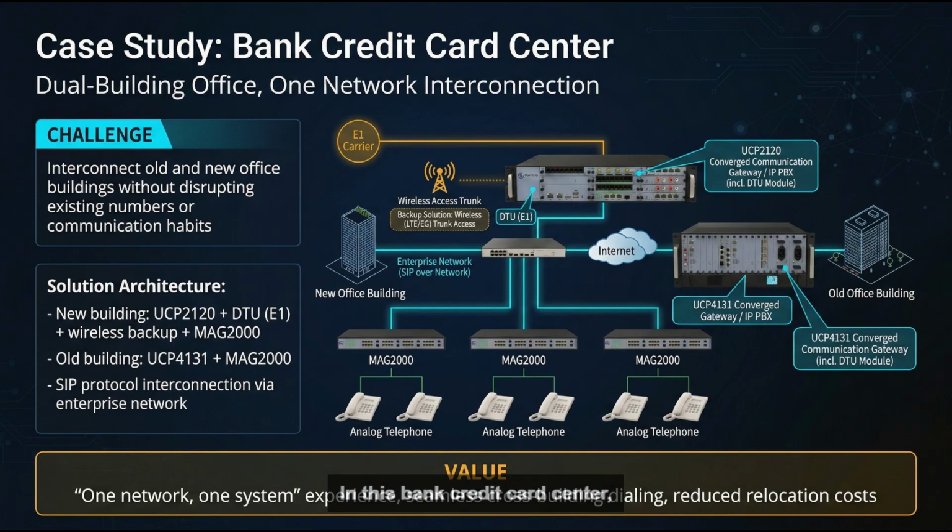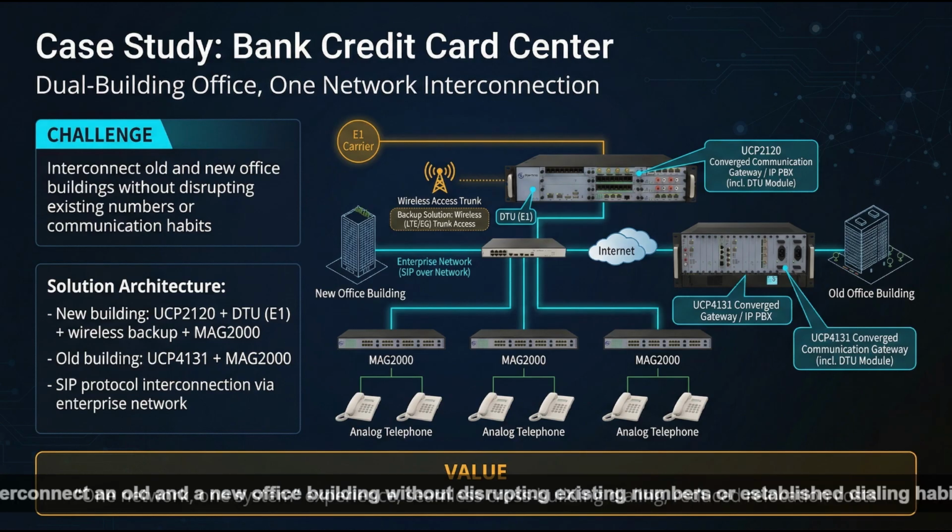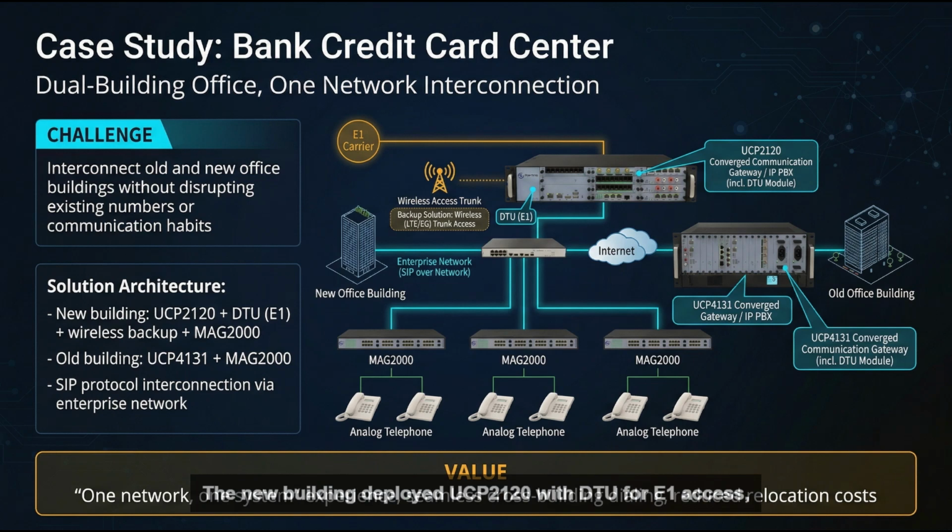In this bank credit card center, the challenge was organizational change. Interconnect an old and a new office building without disrupting existing numbers or established dialing habits. The new building deployed UCP2120 with DTU for E1 access, plus wireless backup and MAG 2000 gateways.